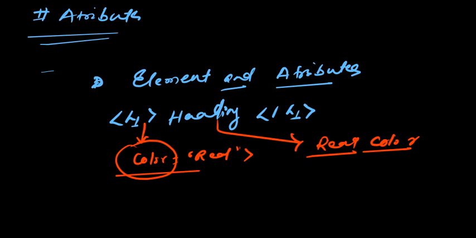So what is this style, this color called? Attribute. So a simple definition of an attribute in normal language: an attribute is something other than the tag, right? Got my point?